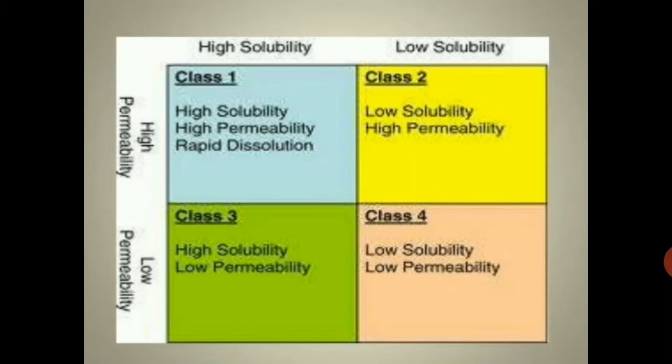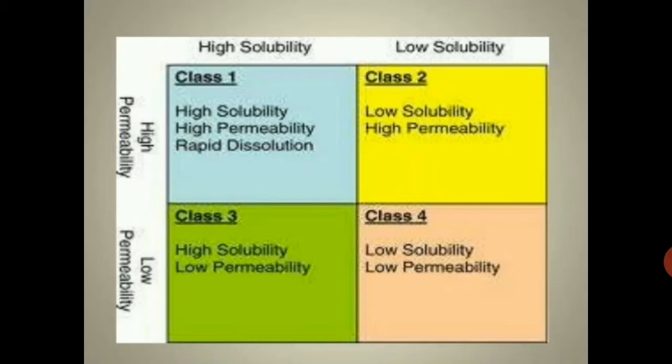According to the biopharmaceutical classification system, drug substances are classified into 4 classes based on their solubility and permeability. Class 1 is high permeability and high solubility. Examples are metoprolol and paracetamol. Those compounds are well absorbed and their absorption rate is usually higher than excretion.